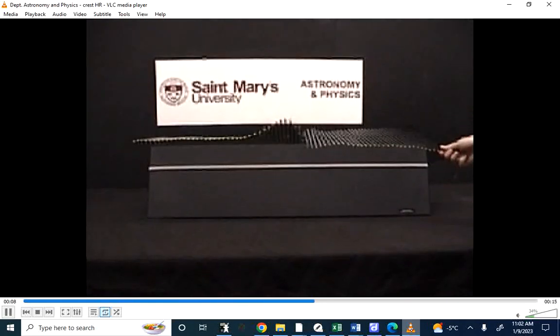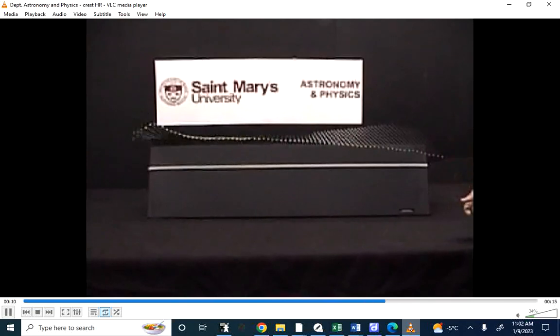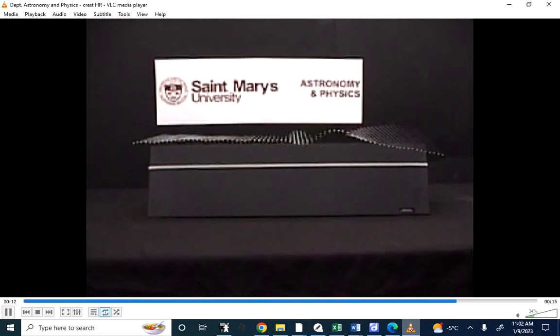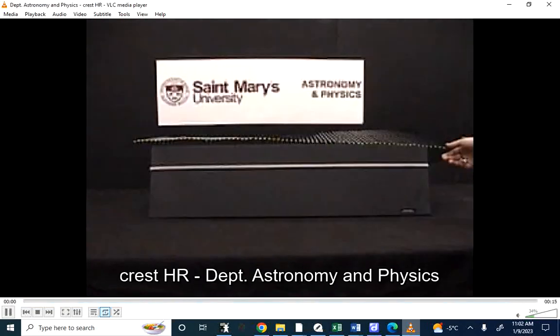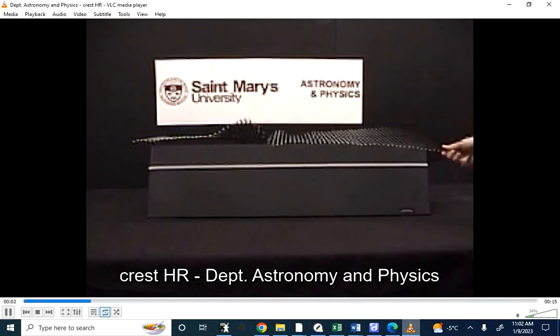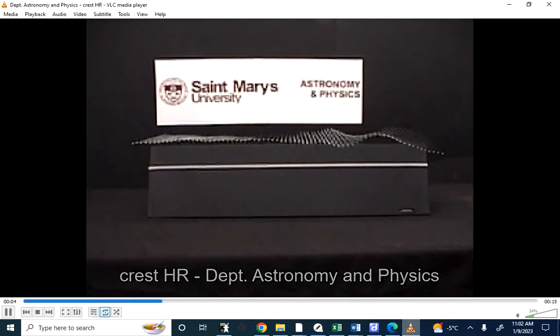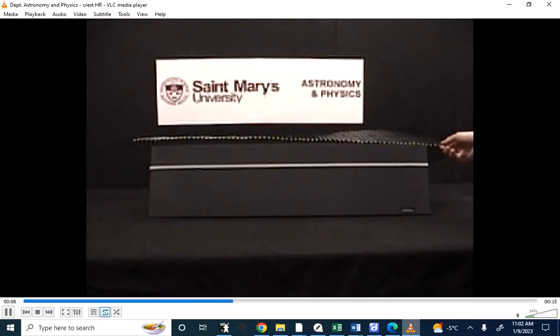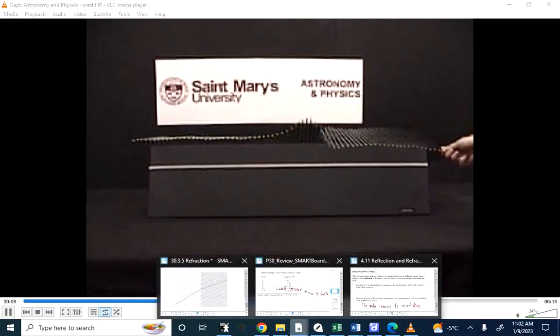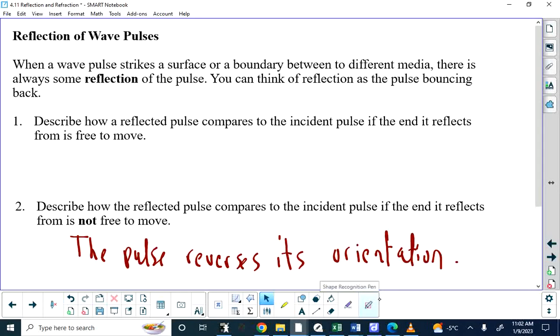So this is one of the things that we need to know. If the end is free to move, the reflection is going to produce a wave which is oriented in the same direction as it was to begin with. I prefer to just kind of think of it this way. I know the answer to number 2 is it flips because reflection involves changing direction, doesn't it? But when you reflect against something that does not move, everything has to change direction.